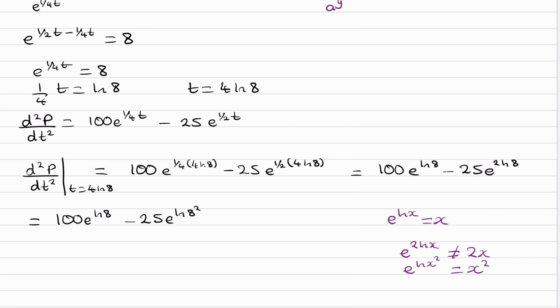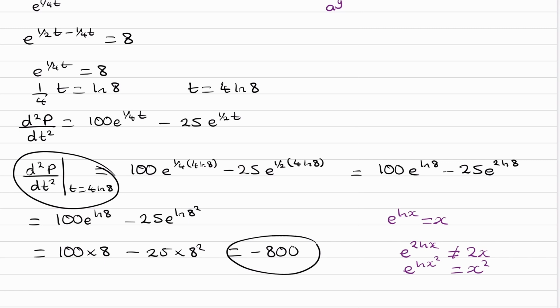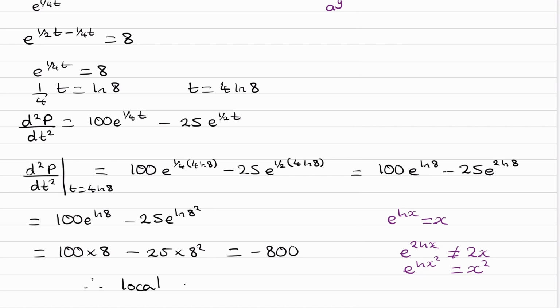So what we have here becomes 100 times 8. This would be 25 times 8 squared. And when you work this out, this gives you minus 800. So we know that the double differential is negative when you put in t is equal to 4 ln 8. And that means this is a local maximum.